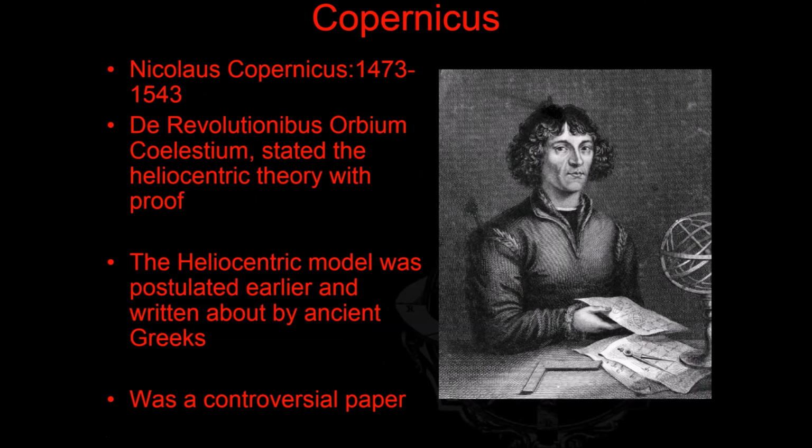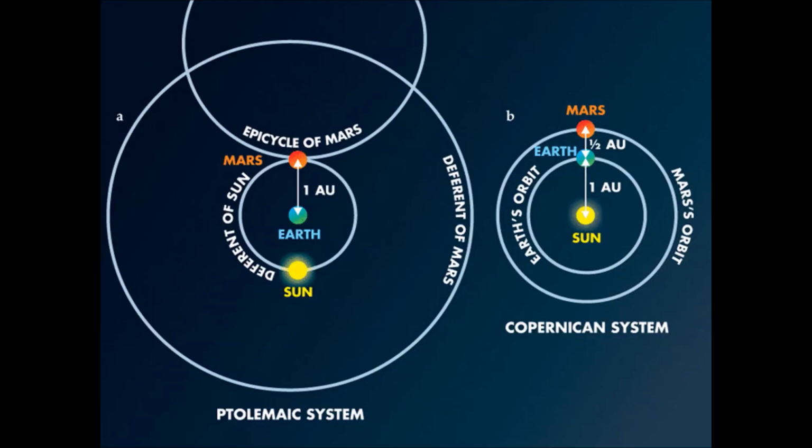He published his paper De Revolutionibus Orbium Coelestium, and stated the heliocentric theory. But different to everybody who'd come before him, Copernicus provided proof of the heliocentric system, and that was really what made this a different paper. He published this paper, and it turned out to be a little bit controversial in a number of areas, and was quickly banned.